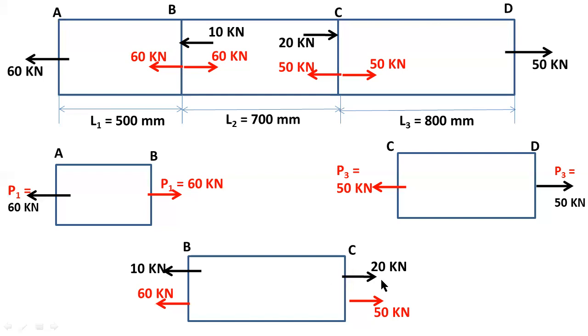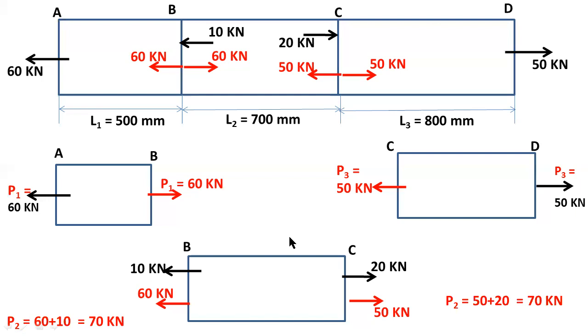So I consider the sum of these two loads as load P2. P2 equals 20 plus 50 equals 70, and here the load 10 plus 60 equals 70. So here the condition is in equilibrium. That means here we need two equal and opposite loads.